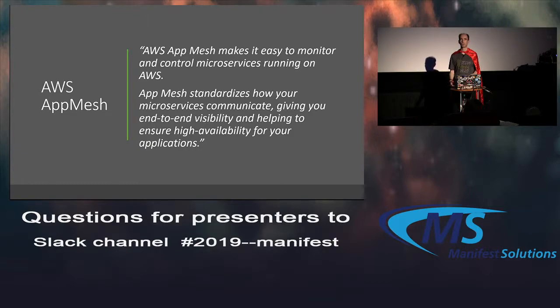So meshes are really the next level beyond service discovery, where all the traffic is being managed by something external to your services themselves. With CloudMap, your client service is responsible for knowing where the service discovery server is, looking up, getting that list back of available services, and making a decision about which one to call.